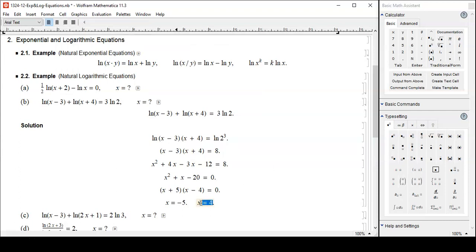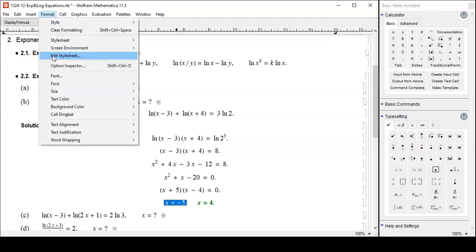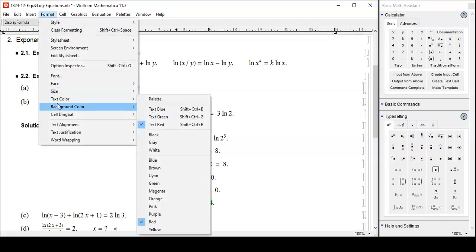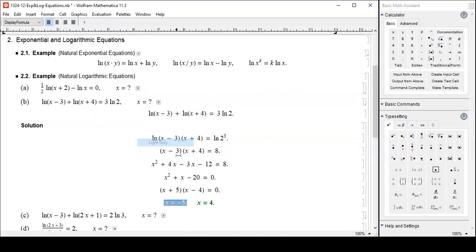It'll turn out this is good, which I'm highlighting in green, and this one, which I'm highlighting in red, is not going to be very good. Plug in x equal to -5, either to this or that, you get log of negative, so that doesn't work. x equals to 4 is the only solution.